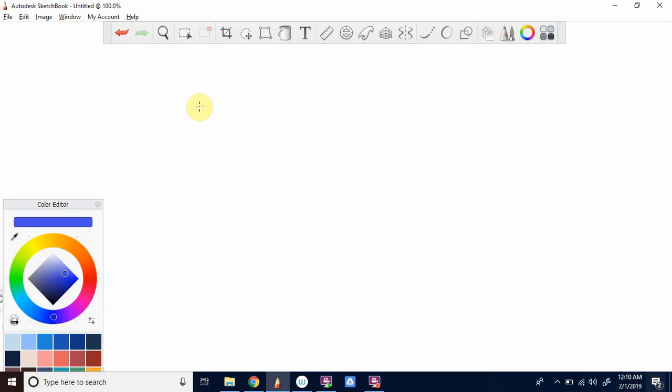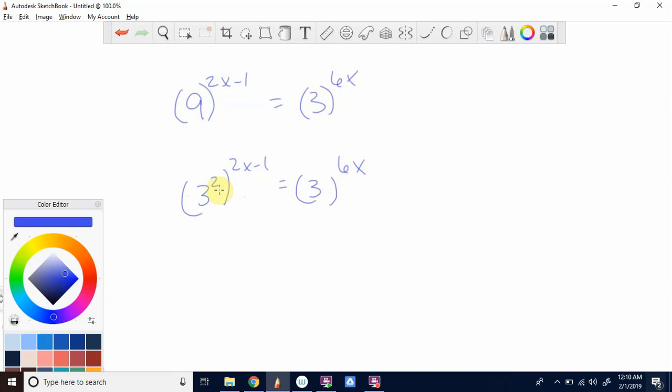Let's look at b. We have 9 raised to the 2x minus 1 equal 3 to the 6x. Okay, I'm going to put my bases in parentheses. Well, you should know that 9 is 3 squared. All right, so now I have a power raised to a power. Now, you have two terms, so when you take 1 term times 2 terms, you distribute.